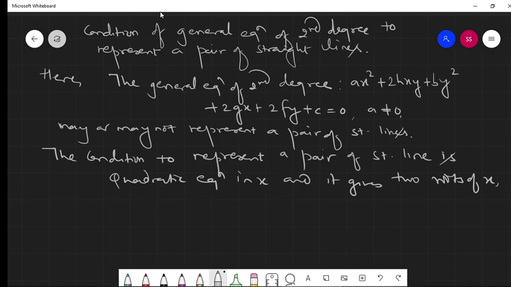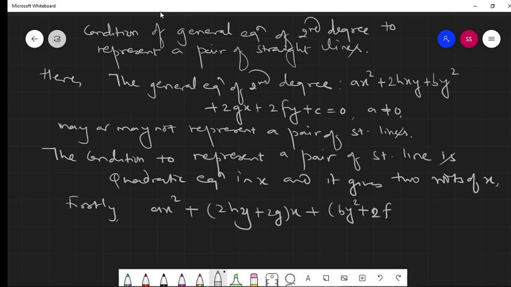Firstly we have to modify this: ax square plus 2hy plus 2g x plus by square plus 2fy plus c equal 0. This is quadratic in x.